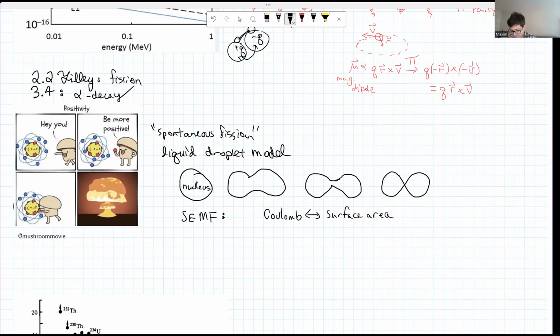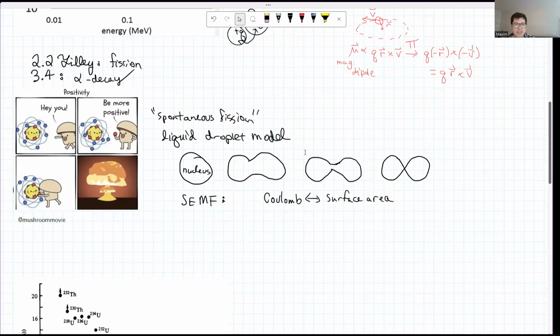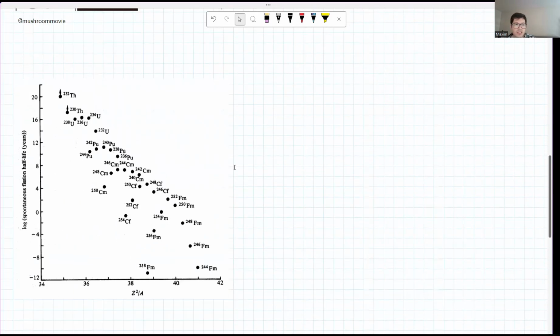So it's a trade-off, and we can calculate what's going on. What's observed is that the half-life for spontaneous fission gets really small with this quantity, Z squared over A. So the more protons compared to the total mass number, the more likely it is to split.